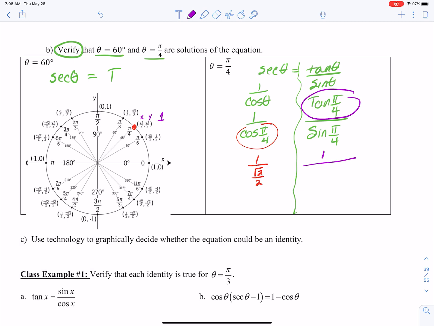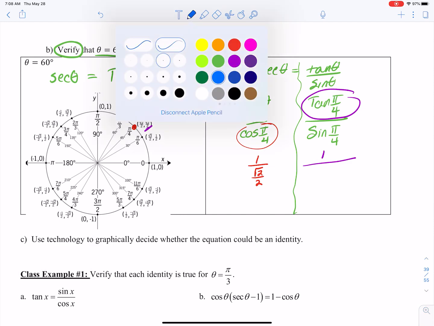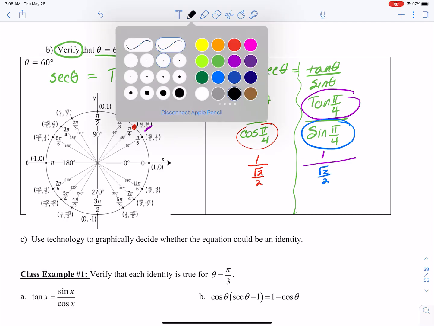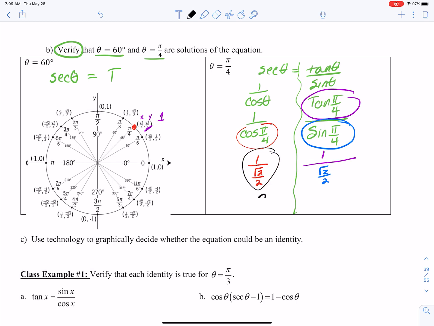And sine of pi over 4 is equal to my y value, which is root 2 over 2. So, to simplify this, it's 2 over root 2, and to simplify this, it's 2 over root 2. And if it doesn't ask you to rationalize the denominator, you don't have to. But it might ask you to, so if you did, that would be multiplying top and bottom by root 2, which would be 2 root 2 over 2, which would just be root 2.